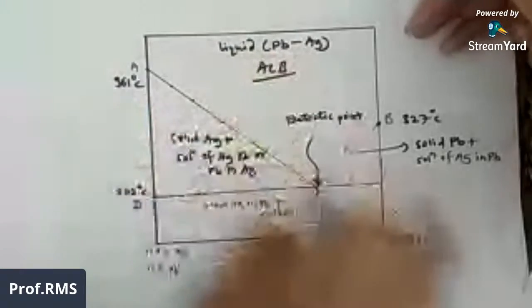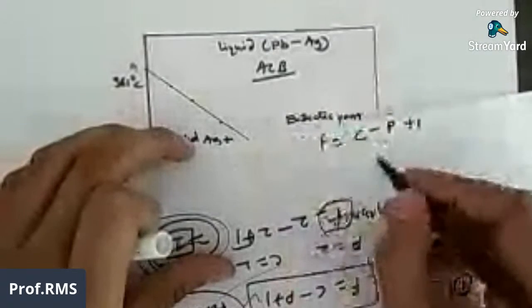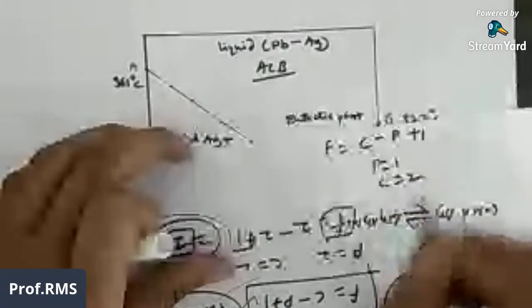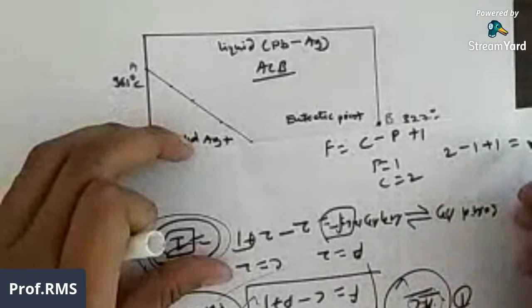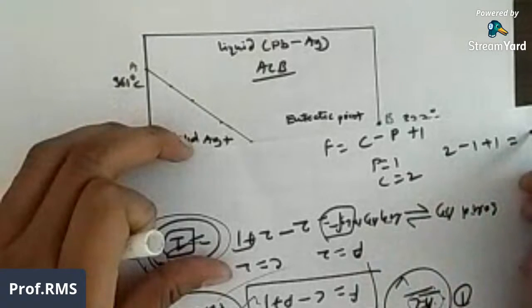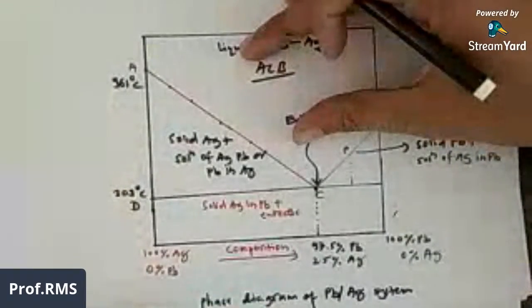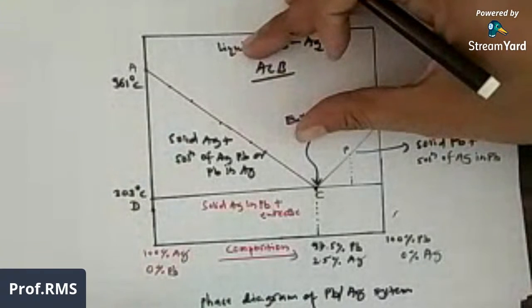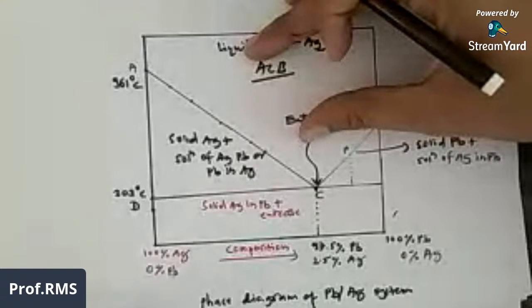The reduced form of phase rule, F is equal to C minus P plus 1. So phase is 1, number of components is 2. So 2 minus 1 plus 1 is equal to 2. So this region in the system is bivariant.